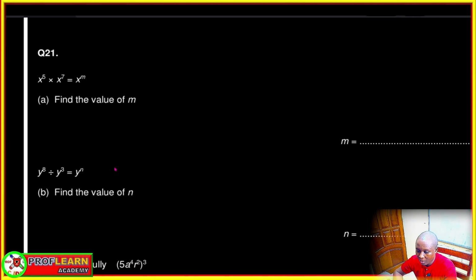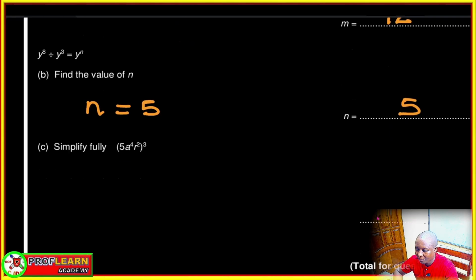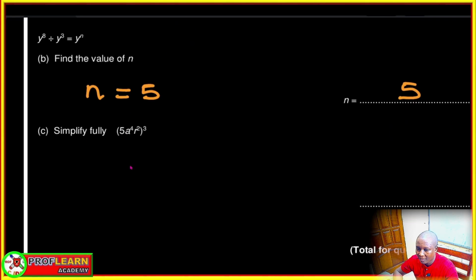Okay, so let's continue. Now, I was saying that if you get also this one correct, all of them correct, you'll be at 300%. Then you write in the comment section 300%. Exercise. Check if your first answer was that. Did you get that correct? Check for part B if you got that. Because it will be 8 minus 3, that's y raised to power 5 is equal to y raised to power n. Powers are equal.